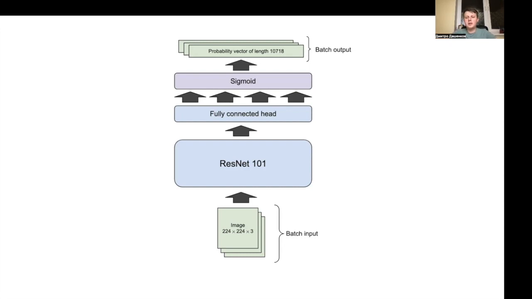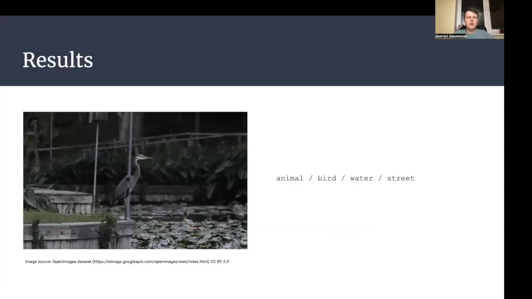The head layer is trained by us specifically for this particular task. The fully connected layer is activated by the sigmoid function. The output of the sigmoid is then treated as a vector of probabilities for each particular tag.